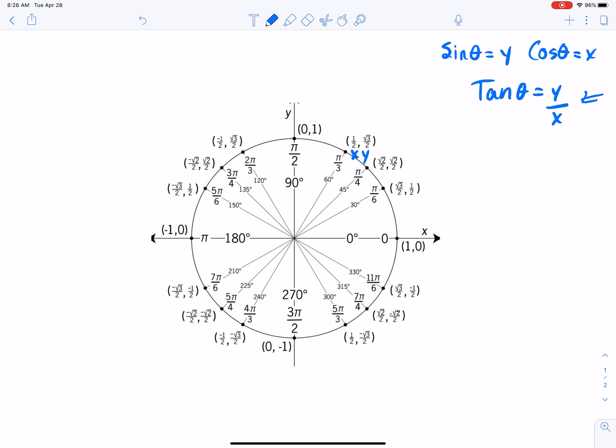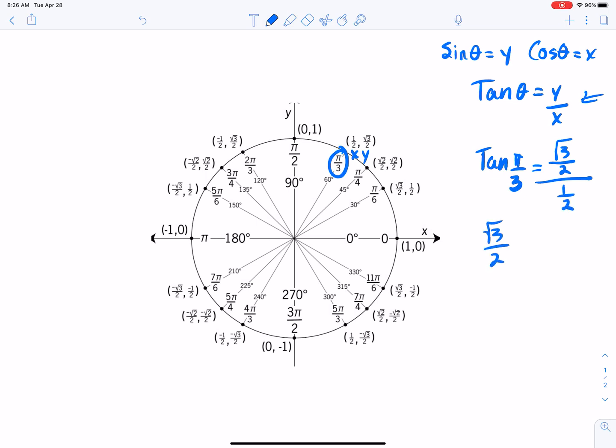So I know that if I'm going to deal with tan of pi over 3, that is equal to y over x. Well, let's clean that mess up a little bit here.